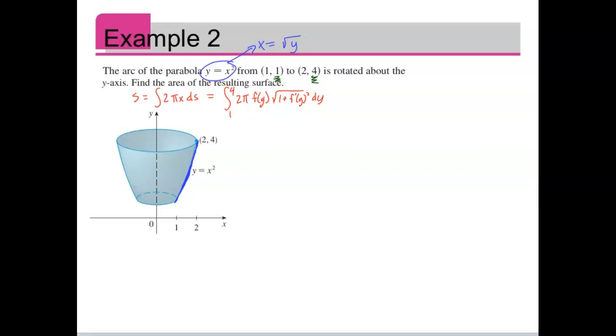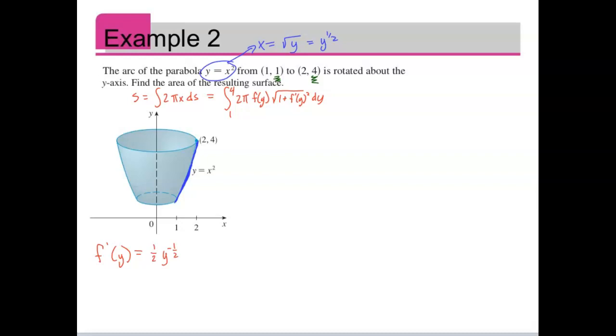All right, so let's go down here again, and let's go, okay, well, I need f prime of y. Well, square root of y is just y to the 1/2. Oh, no. So f prime of y is just 1/2 y to the negative 1/2, right?